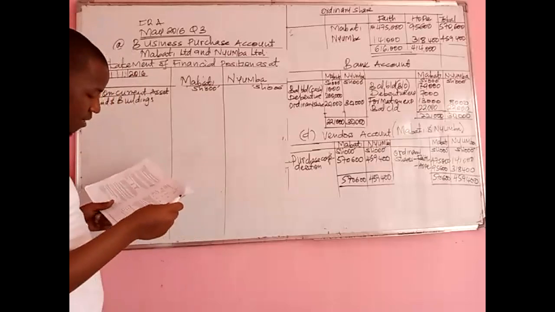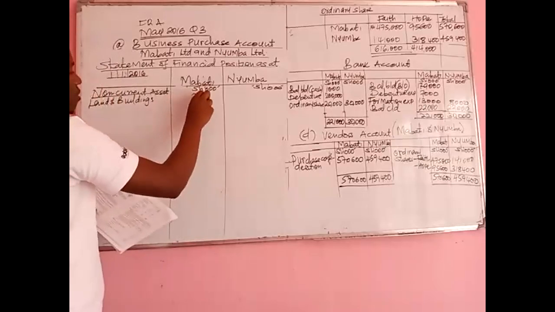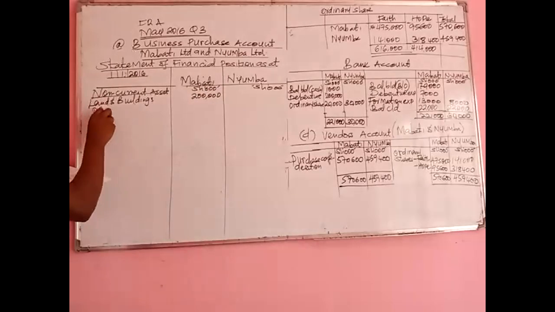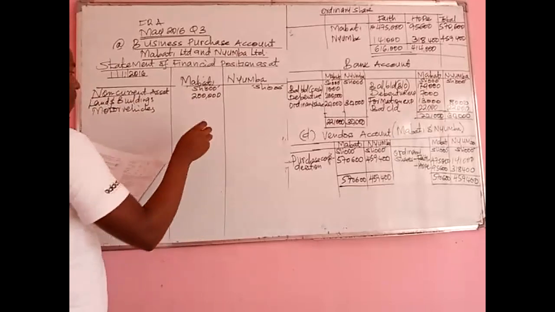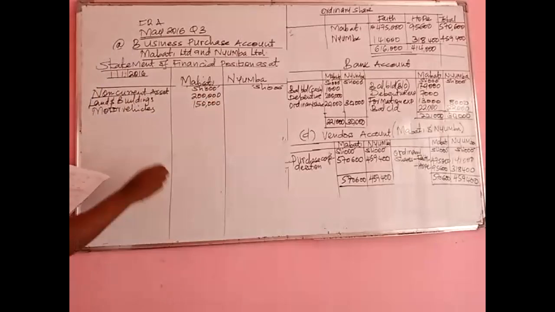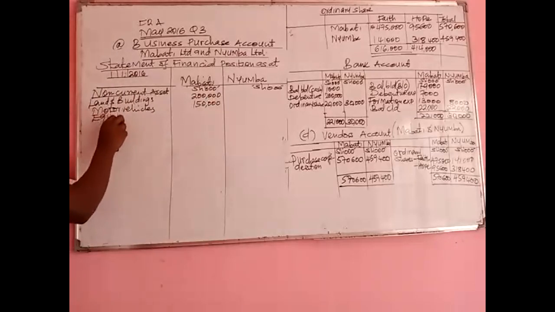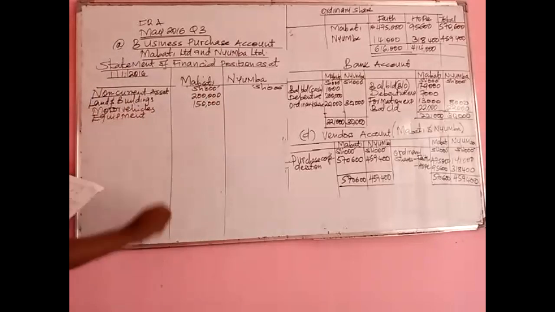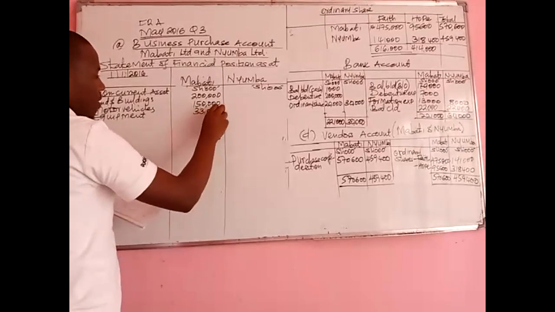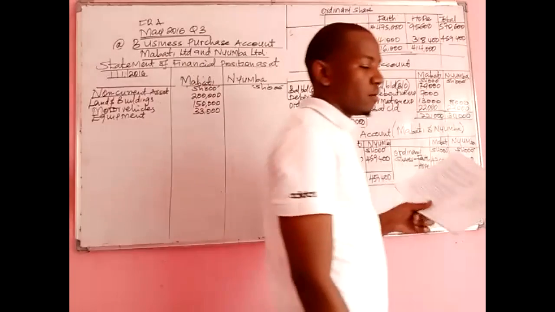Mabati took over the land and building of floor. He's also the one who took over the motor vehicles. Which is over what? 150,000. He's also the one who took the equipment. Do we have anything else?